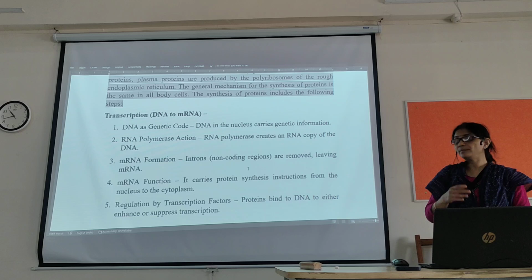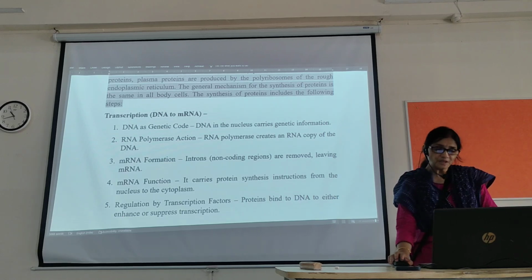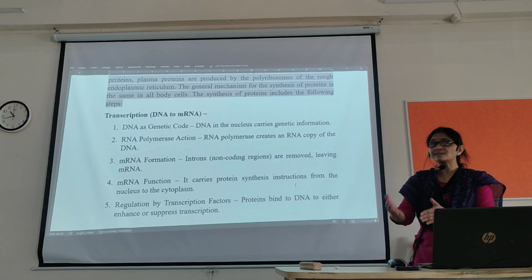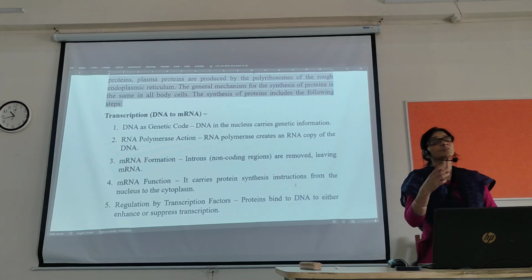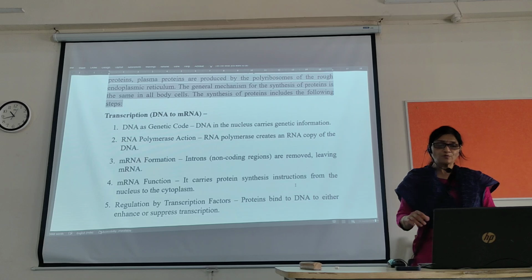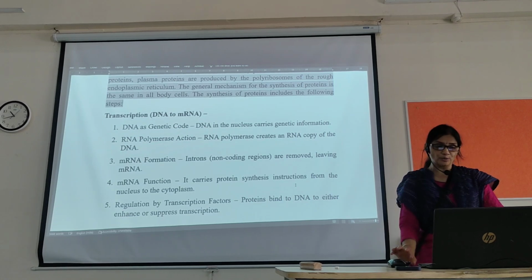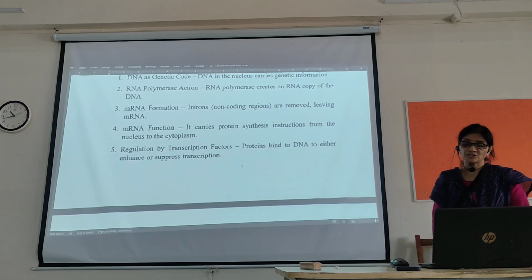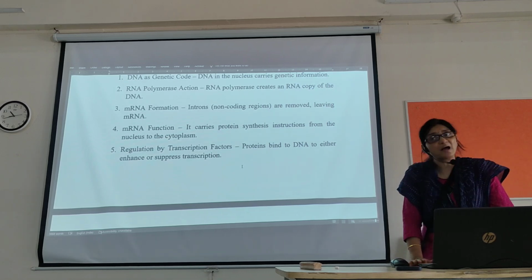Then what does mRNA do here? It carries the protein synthesis instructions. Okay, protein synthesis करण्याचे जे instructions असतात ते mRNA carry करतो from the nucleus to the cytoplasm. So regulation, the process is regulated by the transcription factors here.